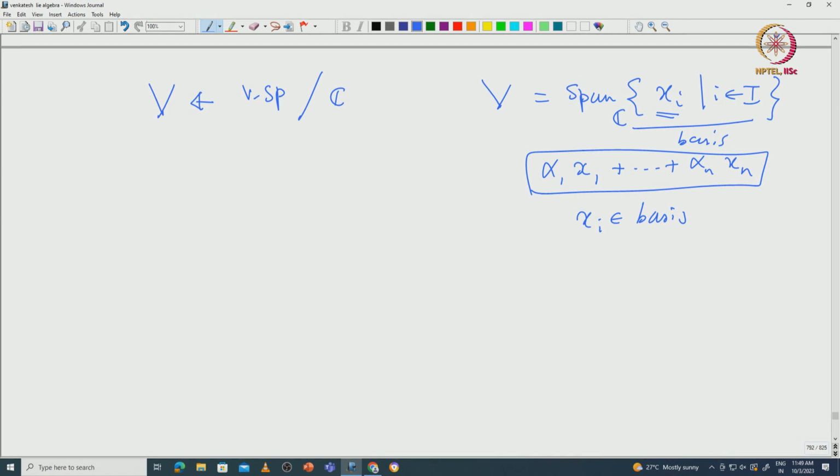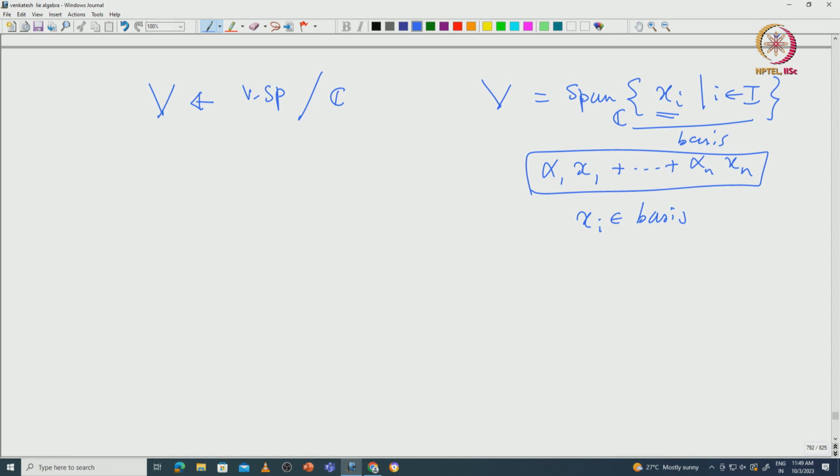Most of the time it is important to look at the associative algebra that they can generate. If we can construct an associative algebra that contains V, and V freely generates that associative algebra, that more or less serves our purpose.